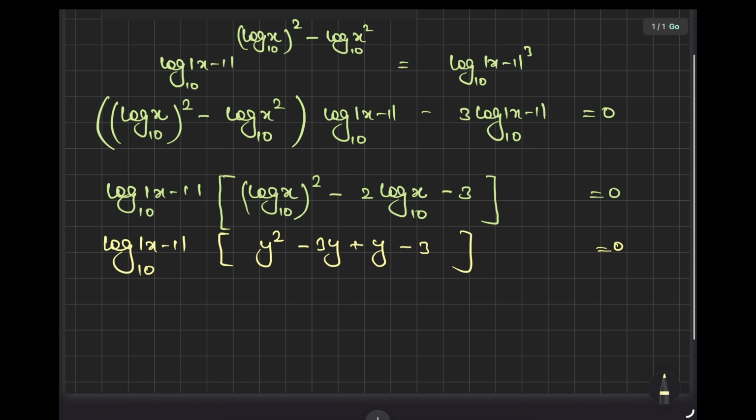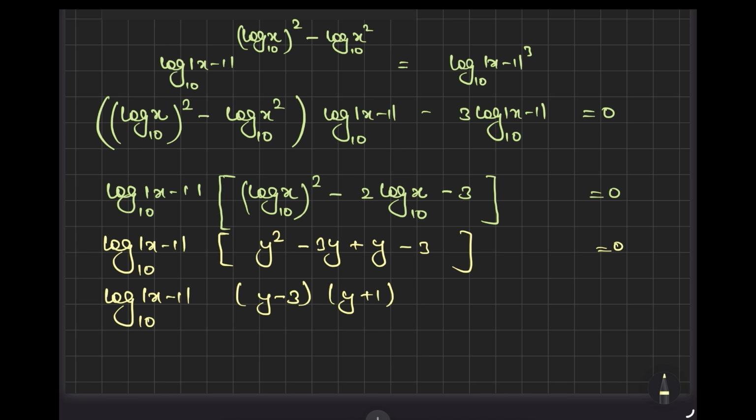Let's keep on simplifying: log |x minus 1| base 10, and then (y minus 3)(y plus 1) equals 0. Now either this thing is 0, or this thing is 0.